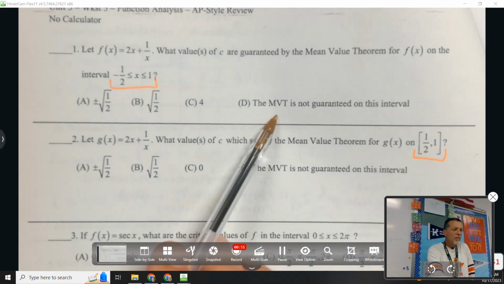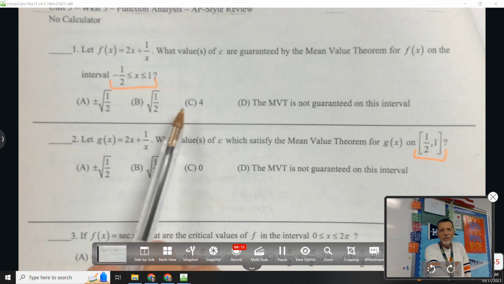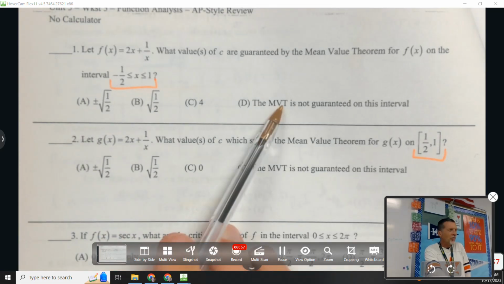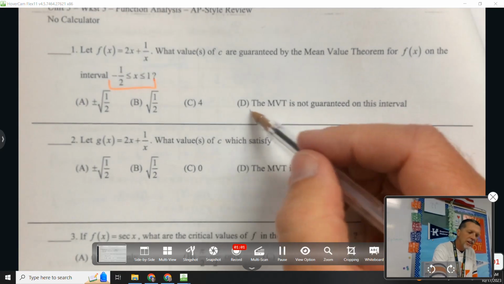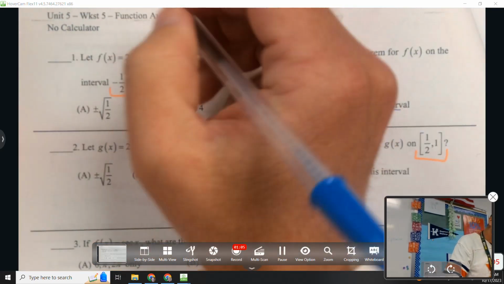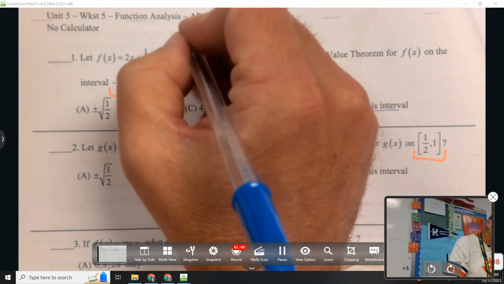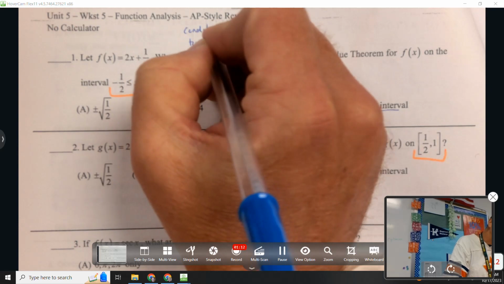If I want to use MVT, first, test taking strategies in general. Look at your answers, see what's going on there, see if anything stands out as, whoa, MVT is not guaranteed. So what has to be true for MVT to work? There's 2 conditions to use MVT.